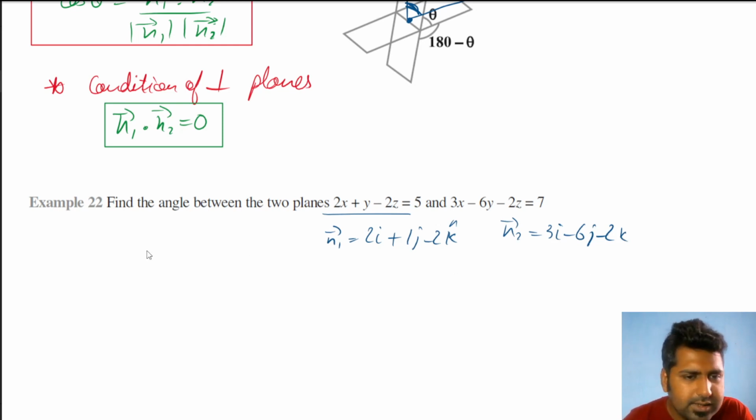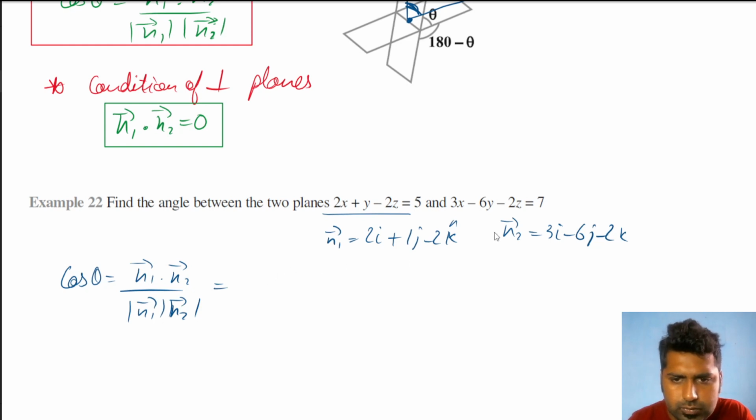We got the two vectors. Now calculate the angle between them. cos theta is equal to n1 dot n2 over mod n1 mod n2. Dot product: 2 times 3, 1 times minus 6, minus 2 times minus 2, which is 4.